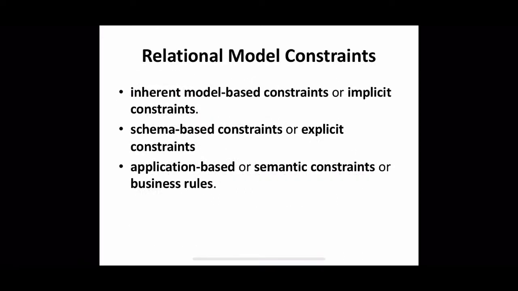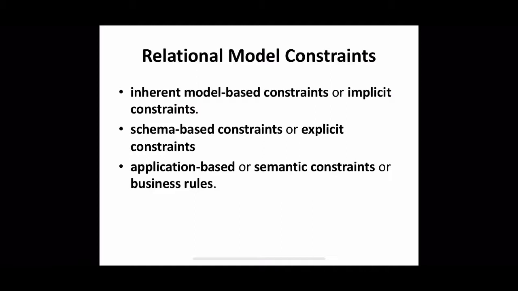Next is relational model constraints. So far we have discussed the characteristics of a single relation, right? But in a relational database, there will typically be many relations, and the tuples in those relations are usually related in various ways. And the state of the whole database will correspond to the states of all its relations at a particular point in time.